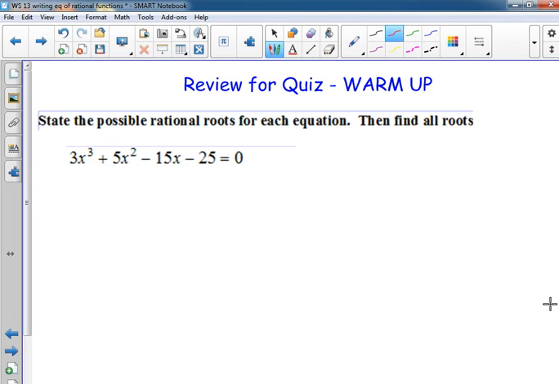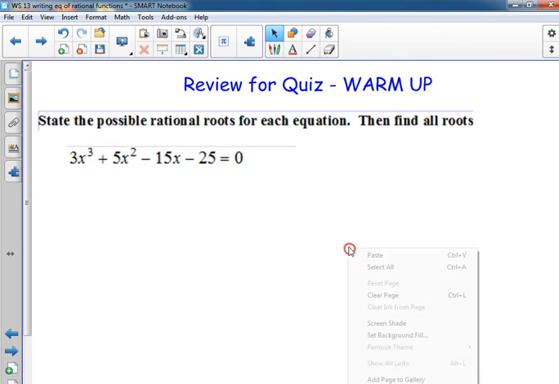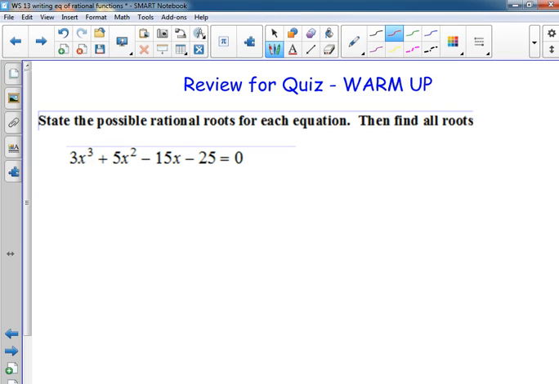Can someone help me list all the possible rational zeros of this? Does anybody remember what that means we have to do? Does this bring back a little bit what you're talking about? So what's the constant? What are all the factors of 25?